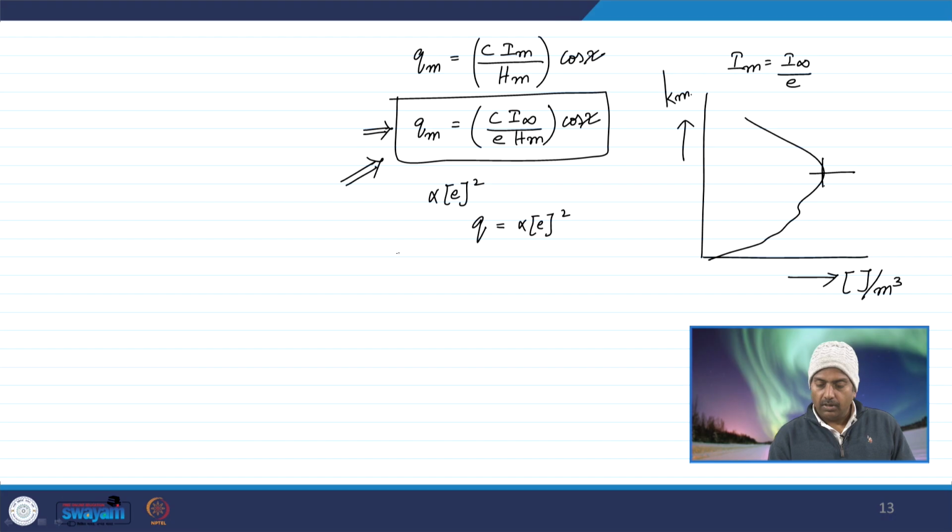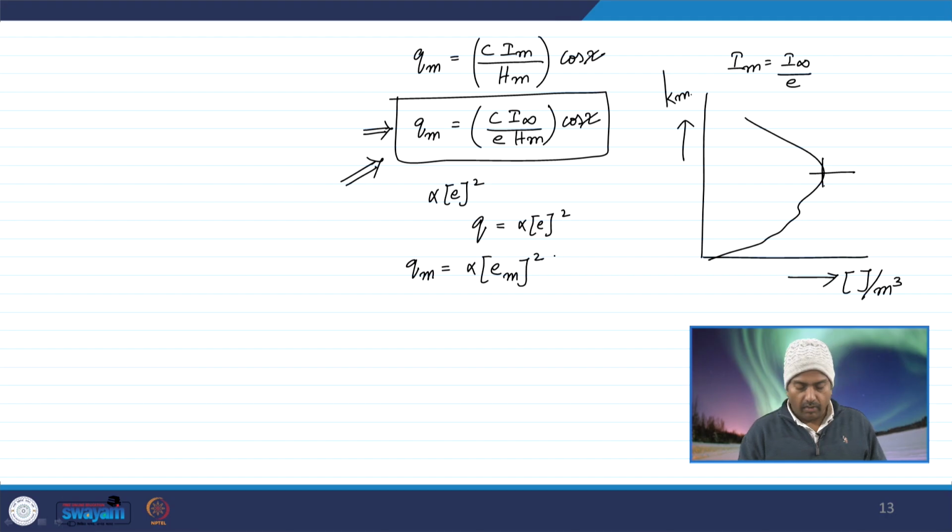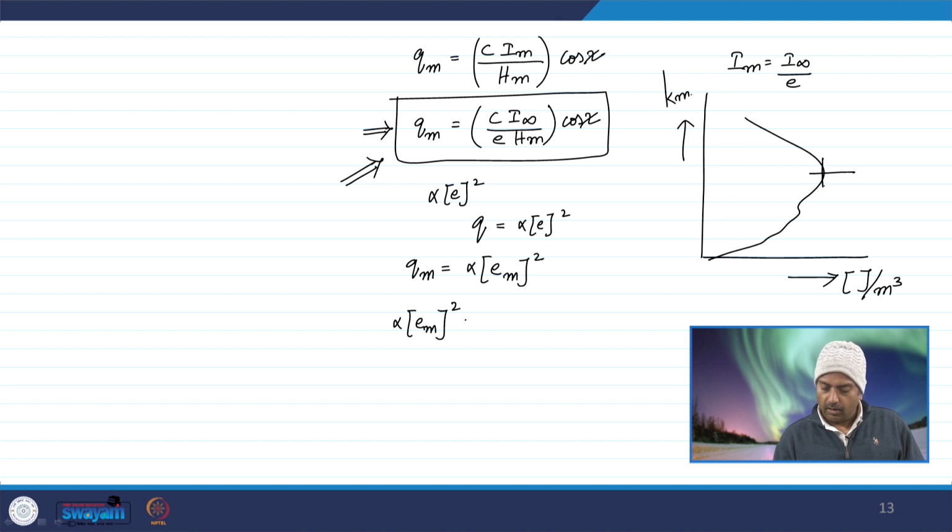Okay. So, which means Qm has to be equal to alpha times Em square. What is Em? Em is the electron density of course, but at the maximum value. So, we can equate alpha times Em square to be equal to C I infinity divided by E Hm cos chi.